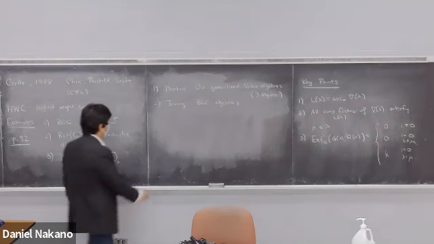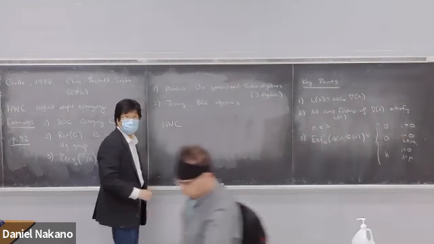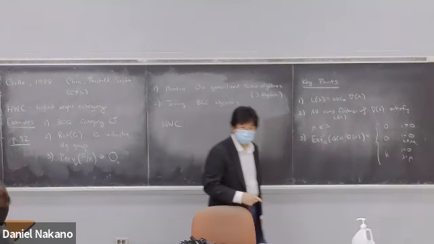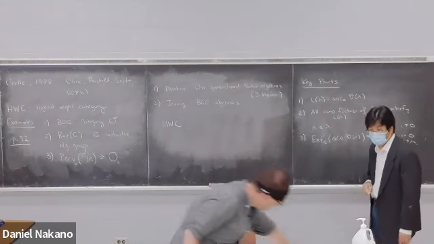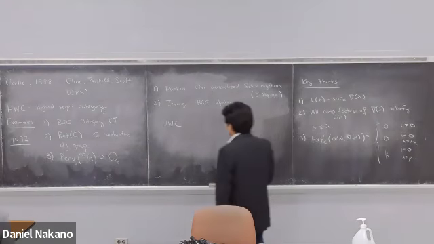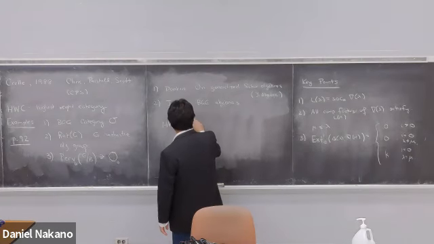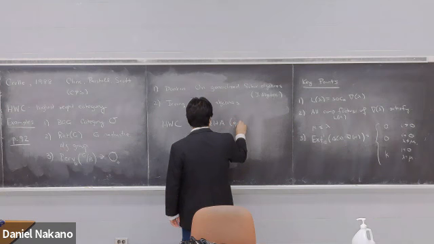So it turns out that highest weight categories, whenever you have a highest weight category, it's equivalent to an algebra called a quasi-hereditary algebra.